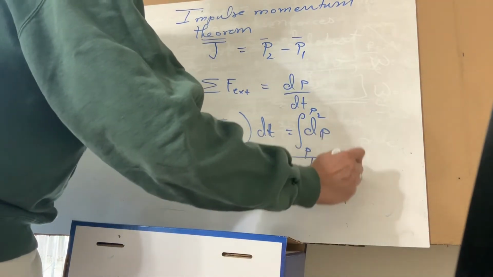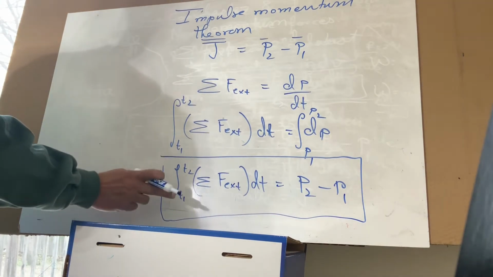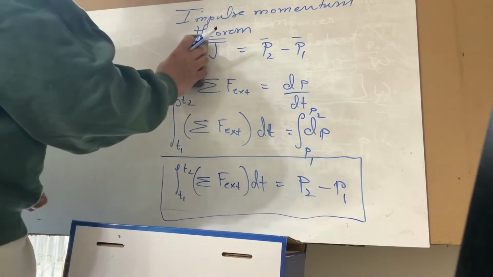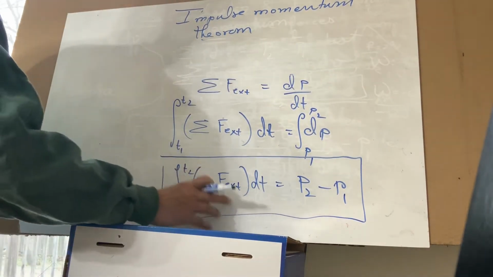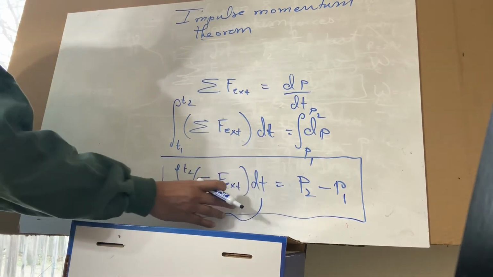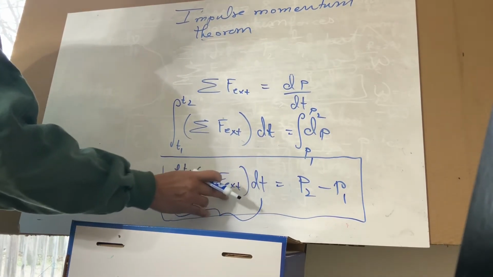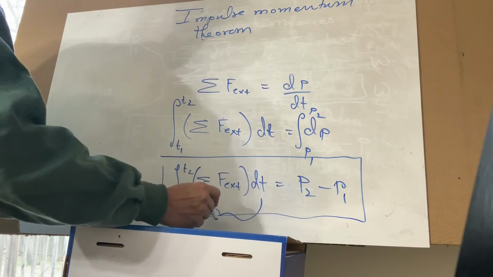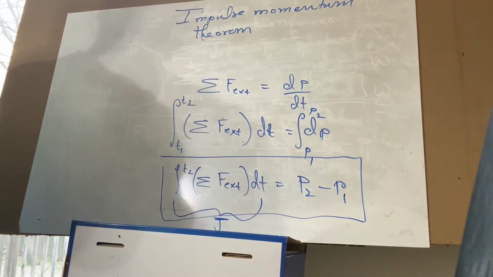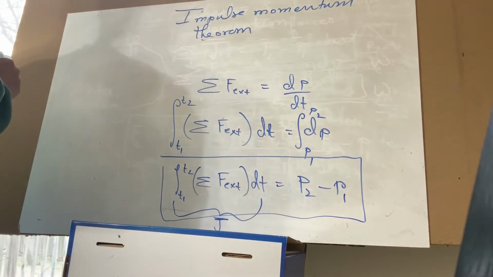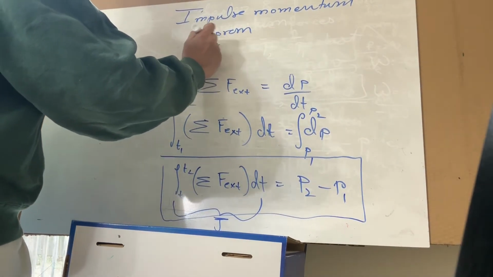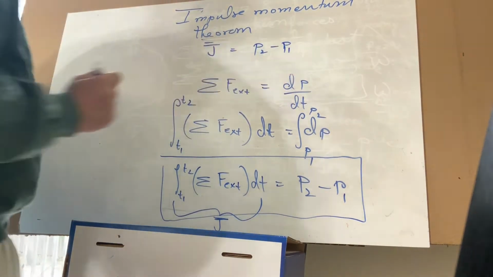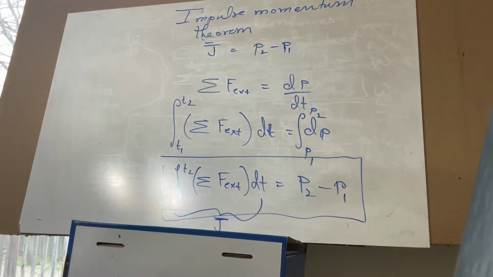This is also the same thing that I wrote here, the impulse momentum theorem, where J, this quantity, the force, now remember the force changes with time. So the total integral, which I'm going to call J, impulse, changes the momentum. So the impulse changes the momentum.